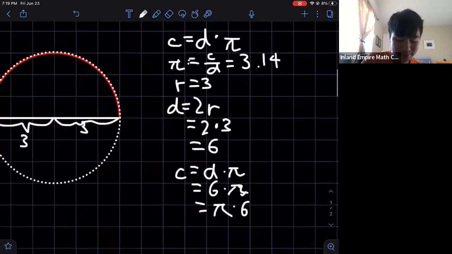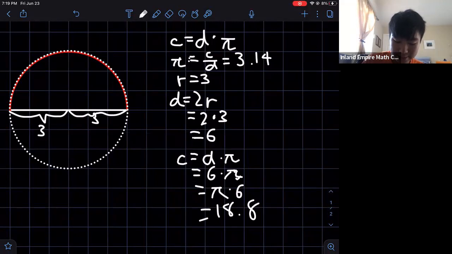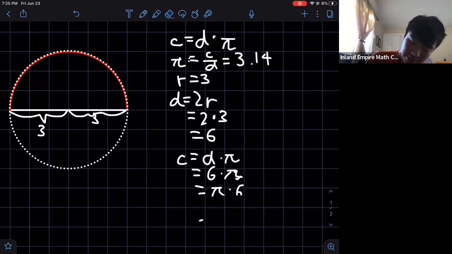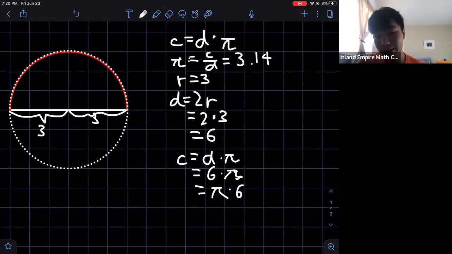In case you're curious, this number, 6 pi, is going to be around 18.84, which is not a clean number, but it is still a real number that we could calculate. But right now that doesn't really matter, so we're just going to stick with 6 pi, since it's easier to work with just pi instead of writing 3.14 and so on.